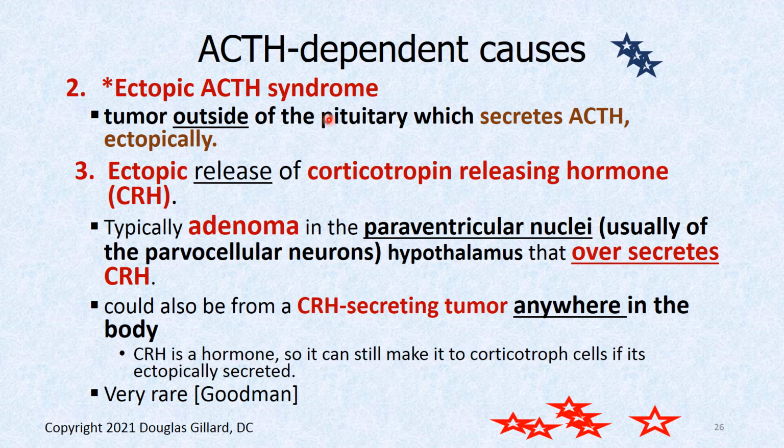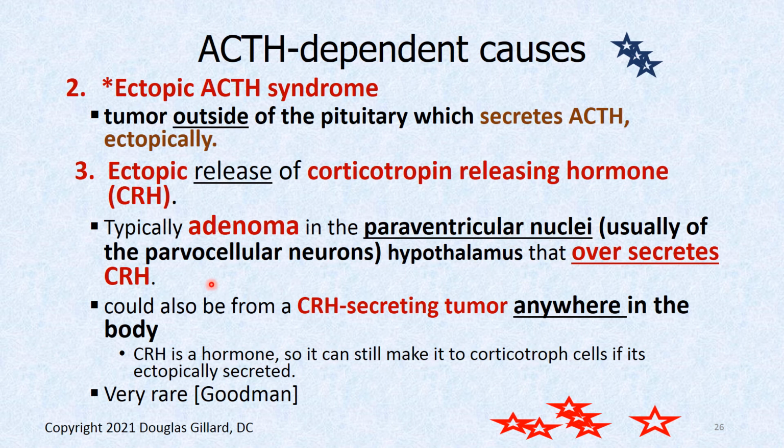There's some other less common causes. You can have an ectopic ACTH syndrome. So you have a tumor like in the pancreas that is secreting ACTH. These are really rare, but it can happen. And that's an ectopia, right? It's an ectopic source of ACTH. You can also have a tumor in the paraventricular nuclei of the hypothalamus.